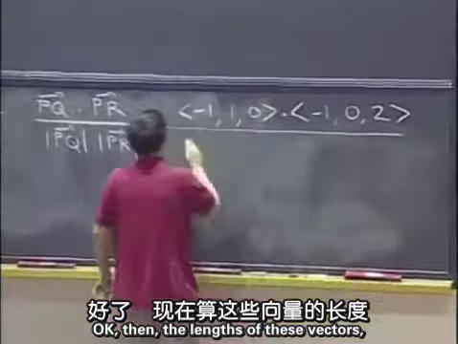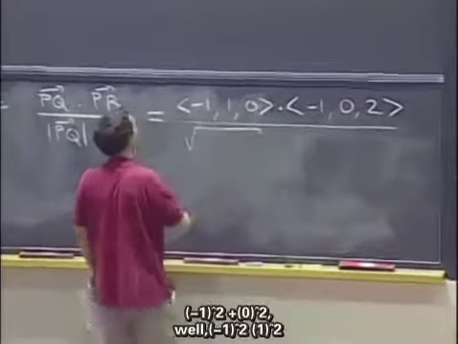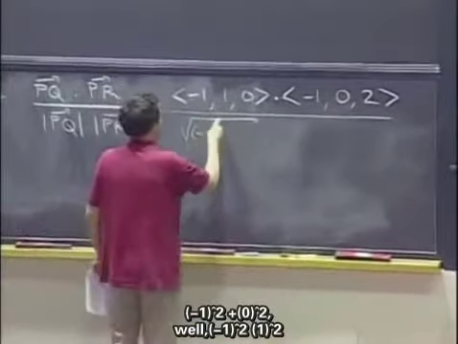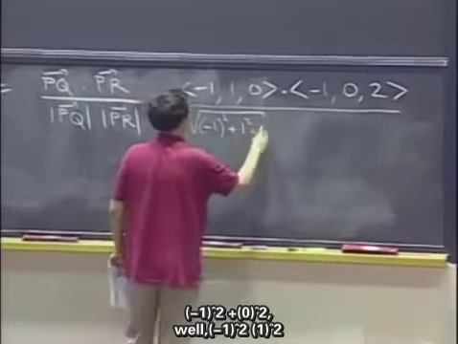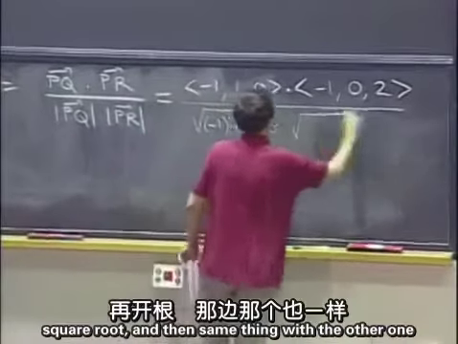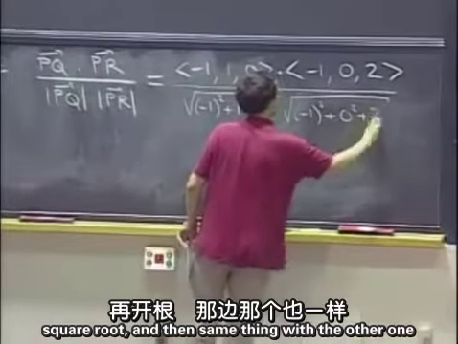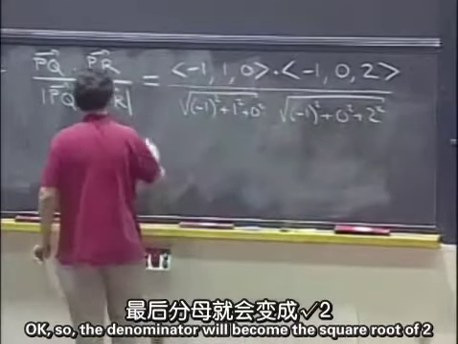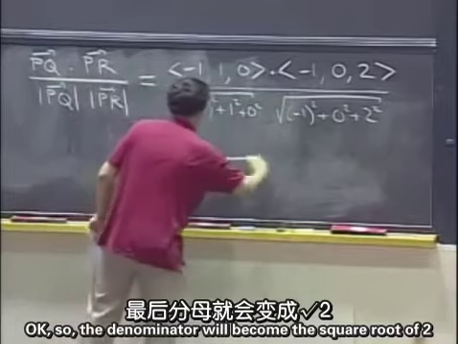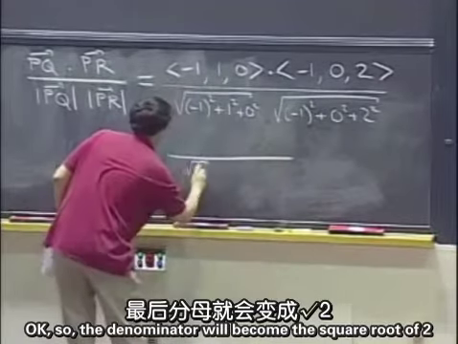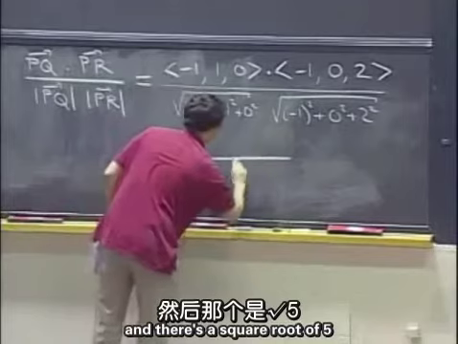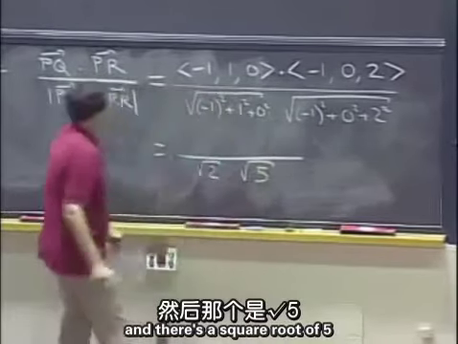Then the length of these vectors, well, we take minus 1 squared plus 1 squared plus 0 squared, square root, and then same thing with the other one. So the denominator will become, well, there's a square root of 2, and there's a square root of 5. What about the numerator?